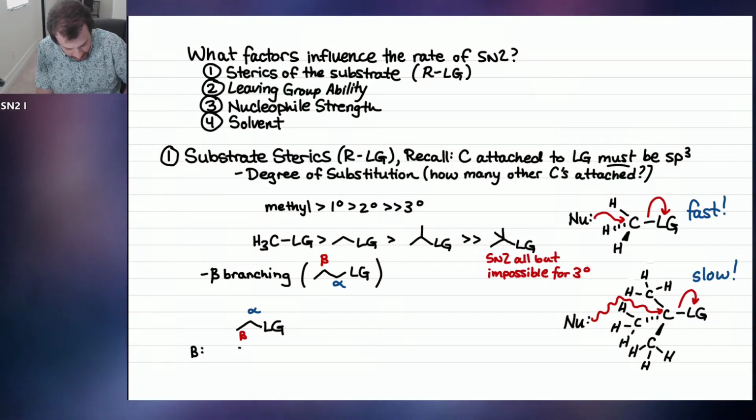Beta, 0. That's good. You don't want carbons attached to beta because that's also going to block up the backside. Let's compare that to this molecule here. Okay, now we've got alpha, we've got beta. How many carbons are attached to beta other than alpha? 1. So the beta branching in this case is 1.